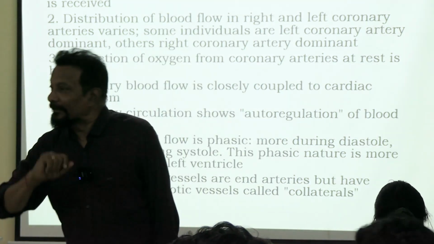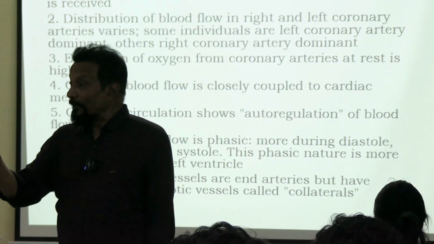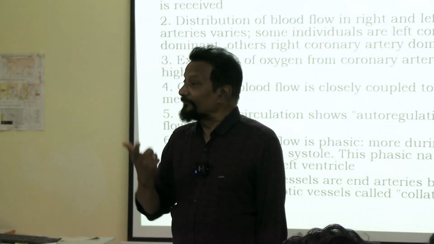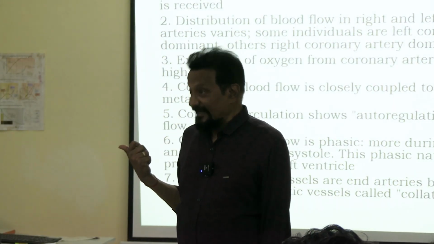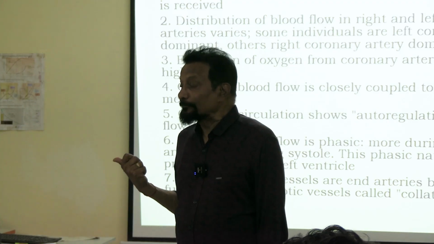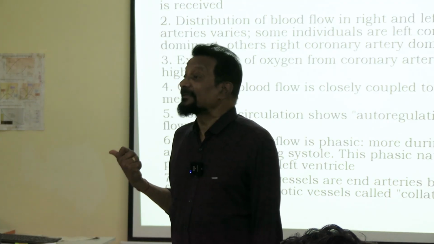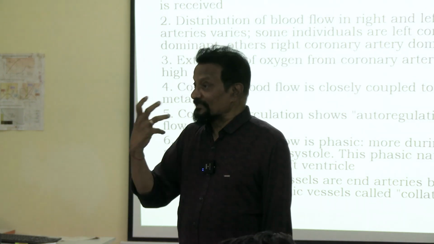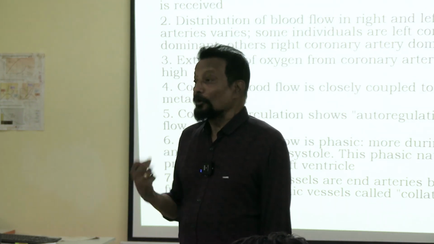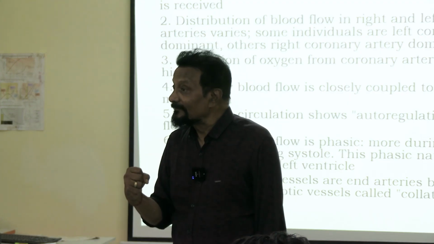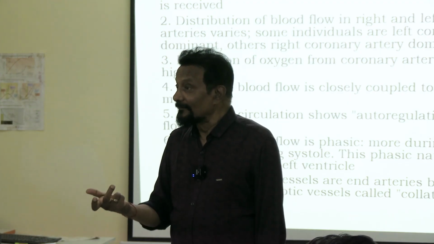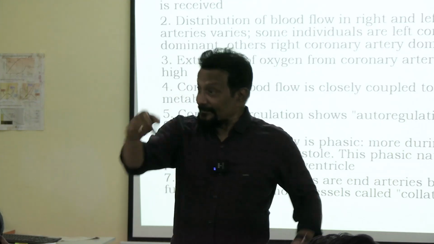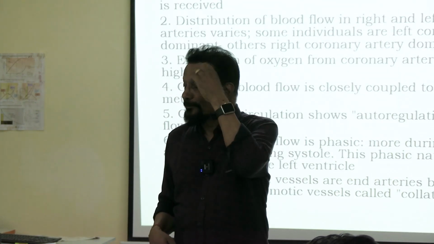So if you are having 20 ml and 80% is extracted, that means how much extracted? 16 ml. So 15 to 16 ml is extracted. So how much will be retained in the venous blood? 5 ml.